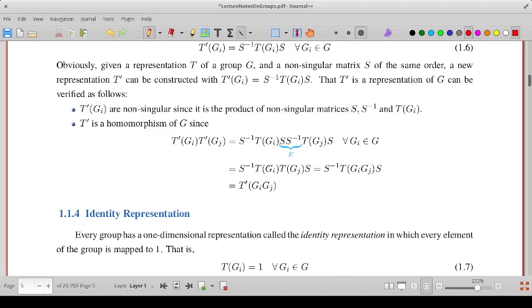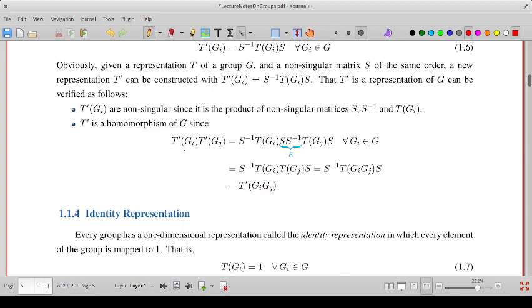But now T is a representation and therefore it is a homomorphism, and therefore T(Gi) times T(Gj) equals T(GiGj). So we have on the right hand side S inverse T(GiGj) S. But from our definition of T dash, this is nothing but T dash (GiGj).